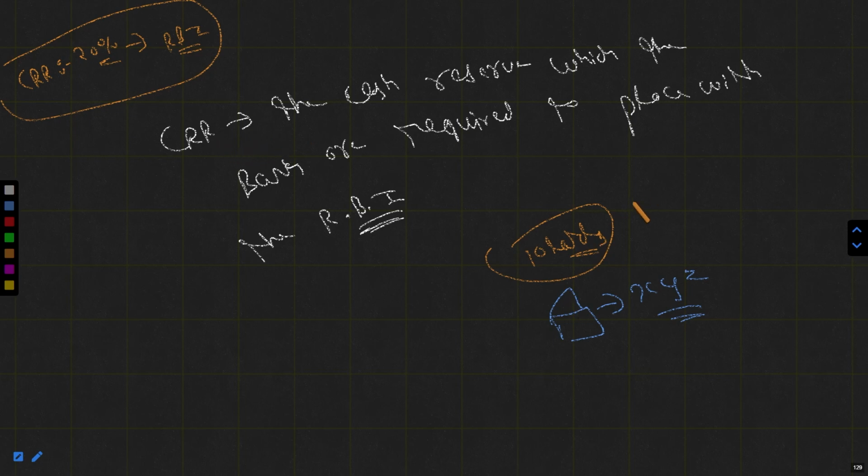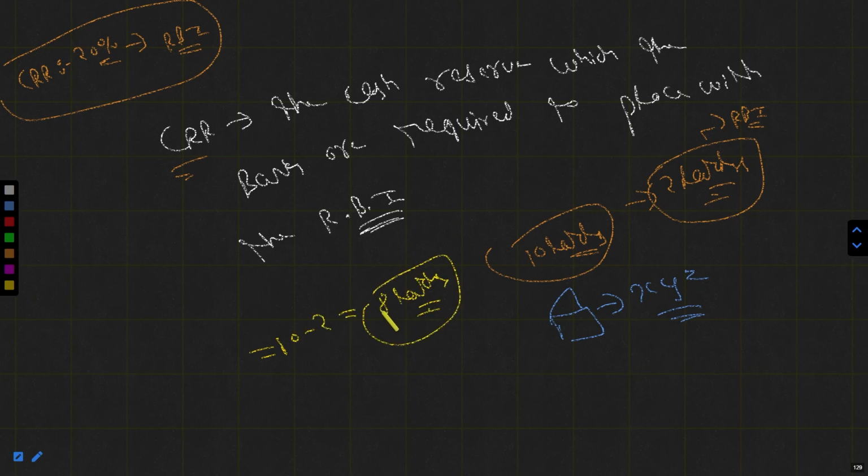So 20% of 10 lakh rupees is 2 lakhs. This 2 lakhs is the CRR which has to be placed with the Reserve Bank of India. It means that 10 minus 2, only 8 lakhs will be available with the bank for lending activities.